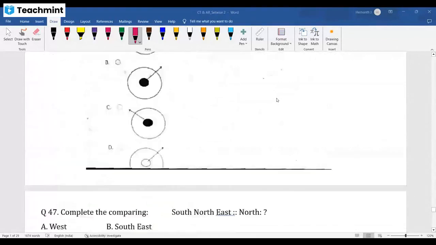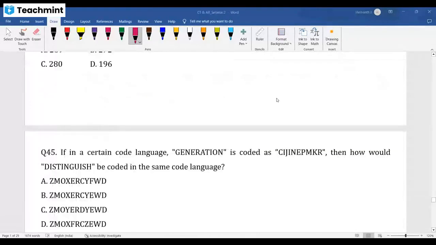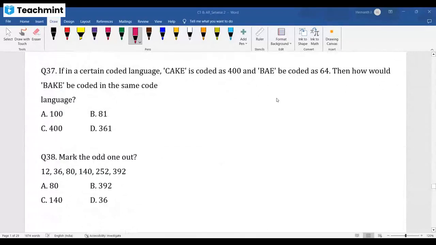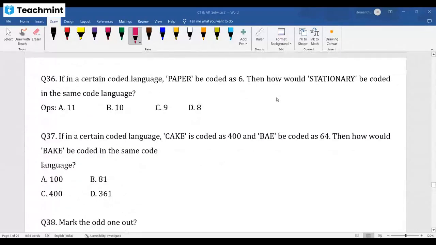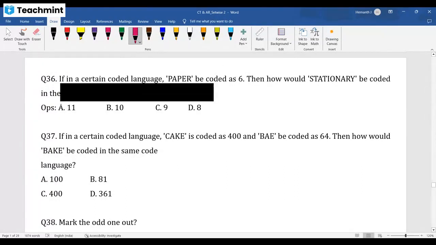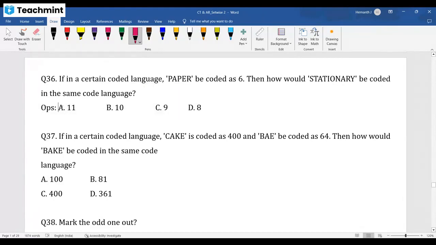How much time are you going to take to solve the questions? Let me see. See the first question. If you're done a bit before 9 o'clock, no problem. We'll close the session after clarifying your doubts. What's your answer for this?